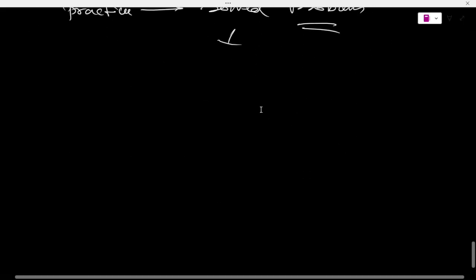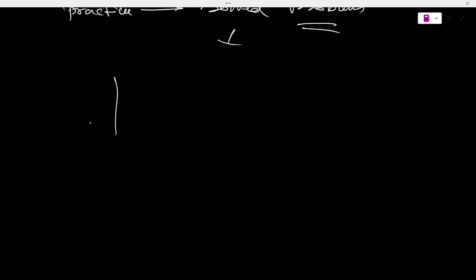Now come to the point of integration. This is the x-axis and this is the y-axis. This is point O, this is point A, and this is point B. I'm drawing something.